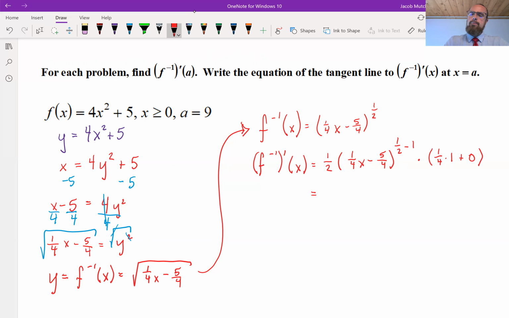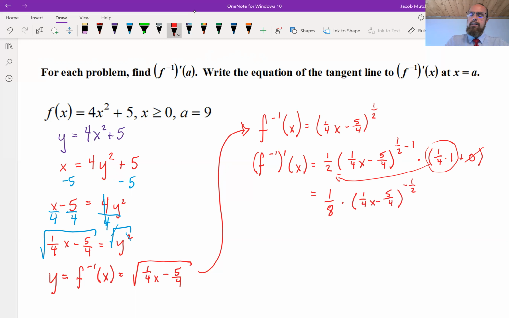So this becomes simply a half, but I see I've got a quarter multiplier there. The 0 is going to fade away, and then the parentheses will also fade away, leaving just 1/4. So if I combine that with multiplication to 1/2, half times a quarter is going to be 1/8, times that composed function, quarter x minus 5/4 to the power half minus 1 would be -1/2.